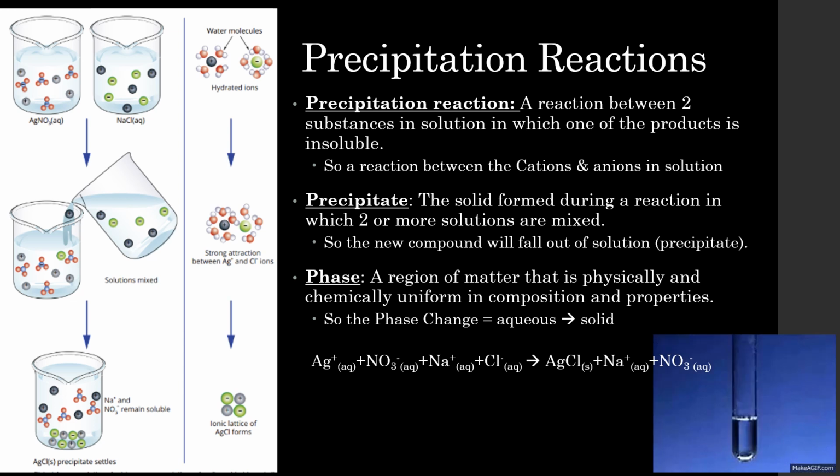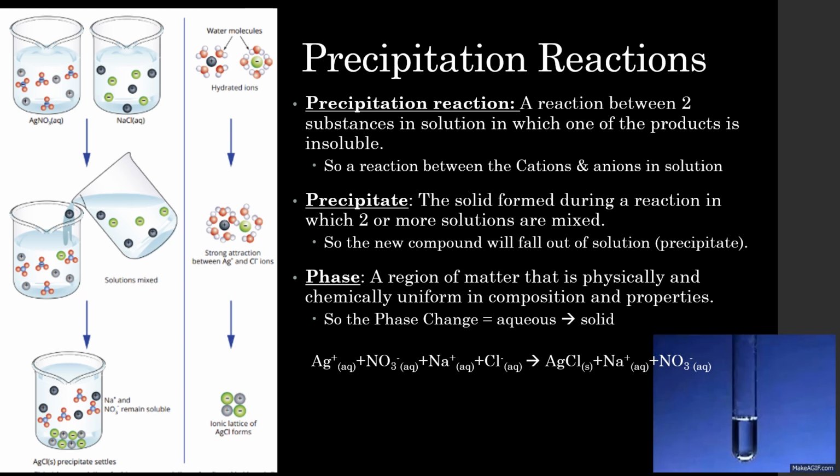So I want to go through the first example with you, and we've got silver nitrate and we're mixing it together with sodium chloride. Now sodium chloride is table salt and silver nitrate has the formula of AgNO3, so Ag being silver. Now if I put silver nitrate and sodium chloride into solution, they will dissociate or ionize, and the cations will be silver and sodium in their separate solutions, and the anions will therefore be chloride and nitrate.